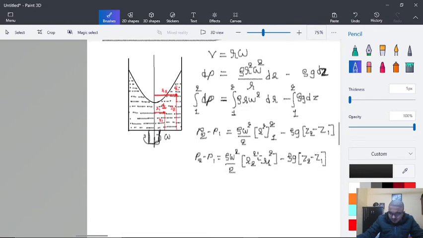So this is the equation we are having, and we can further write down on this.